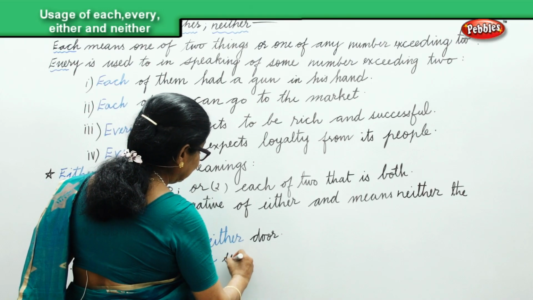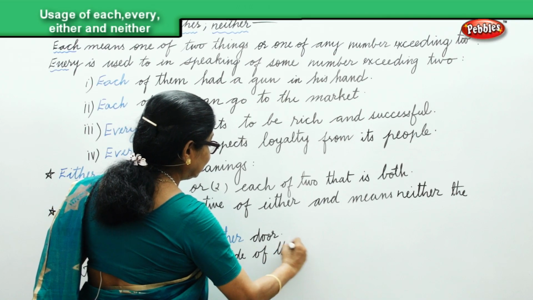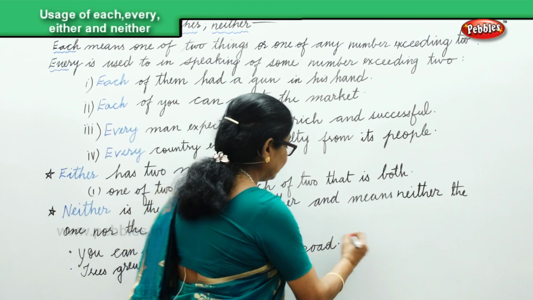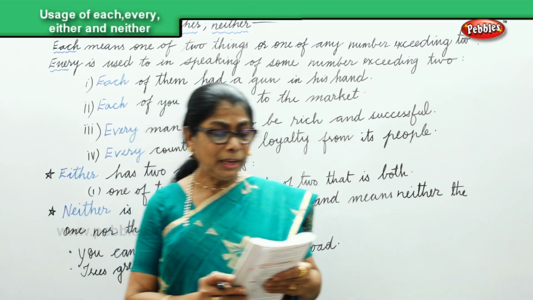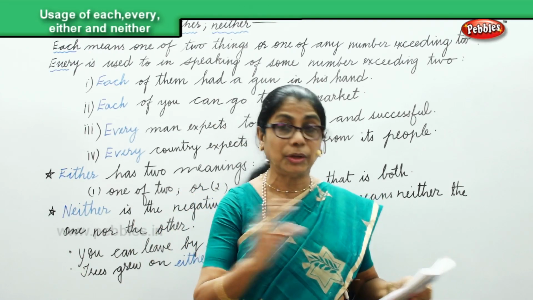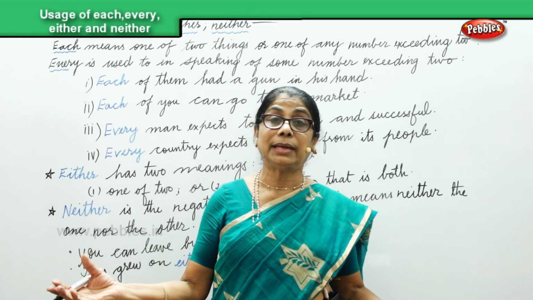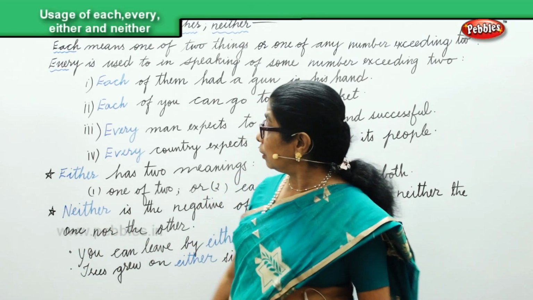Either side of the road means both sides. You can say on both sides. I looked at either side of the road before I crossed the road. That means you look to your left and you look to your right.